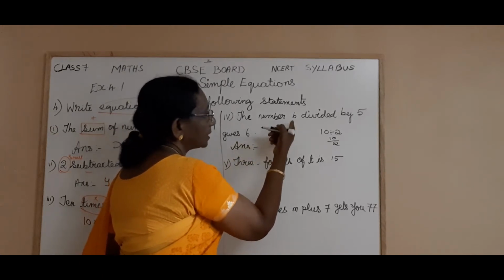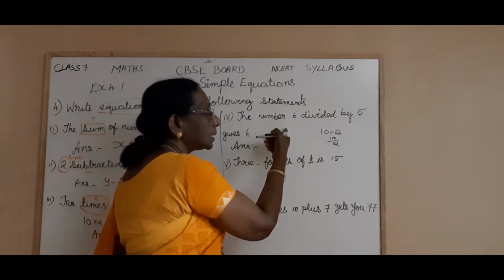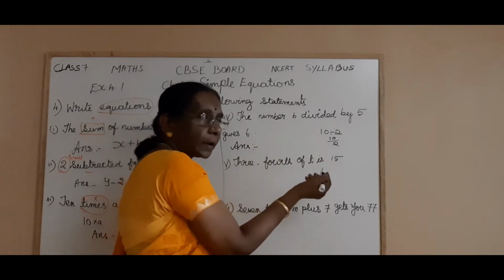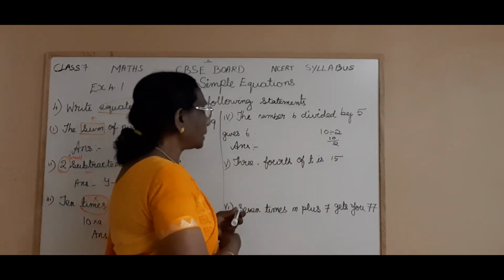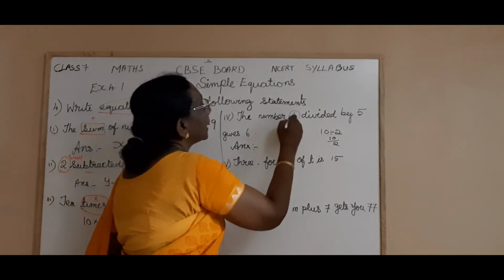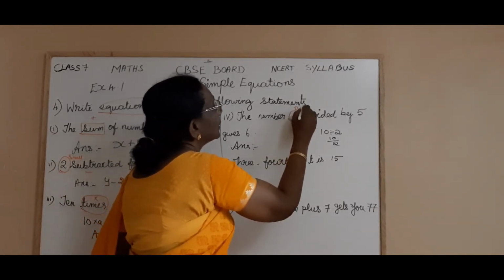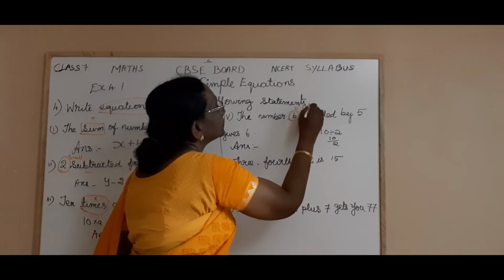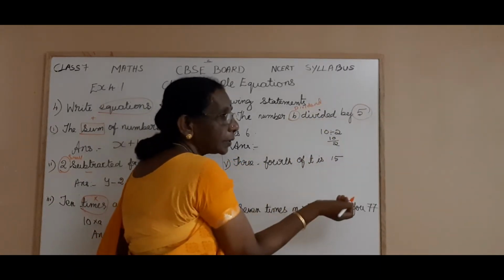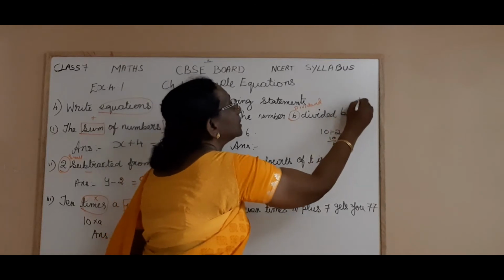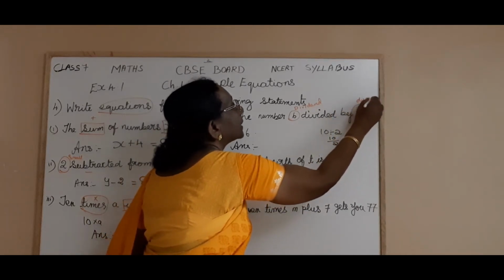Which number is the dividend? b is the dividend. By what you are dividing, the divisor? 5. So b is the dividend. You have to select this. And by 5 you are dividing. So this is the divisor.